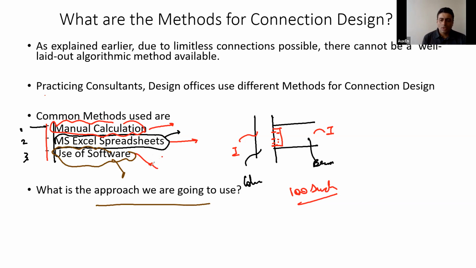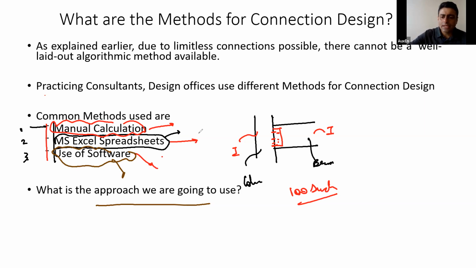So Anshul is saying that because he does a lot of hand calculations, he has developed a mental database of what connection will take how much shear, or how much moment, that sort of thing, right? Mr. Alek is saying for built-up column section to ISMC with ISMB beam. Yeah, so for these types of connections, you may have to go for use of software or for some manual calculations.